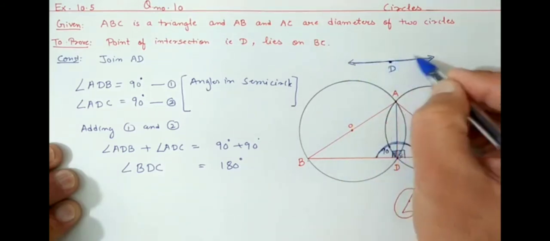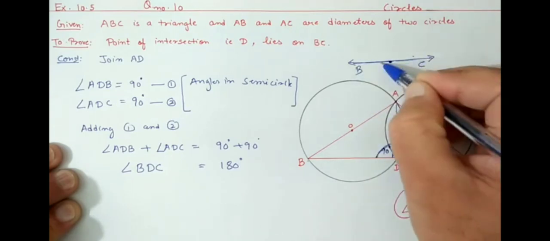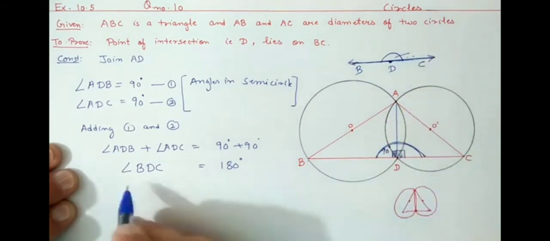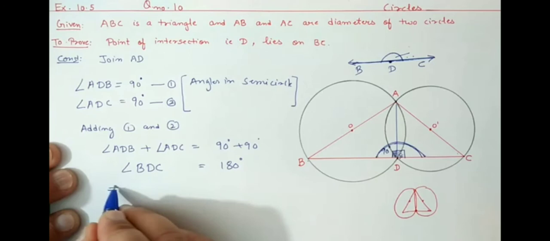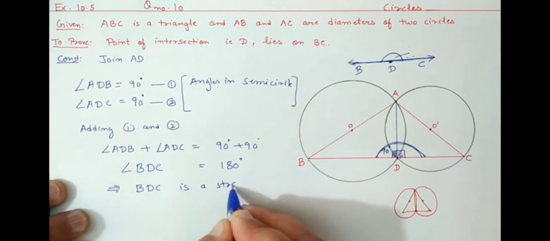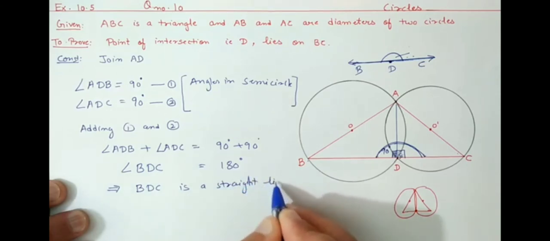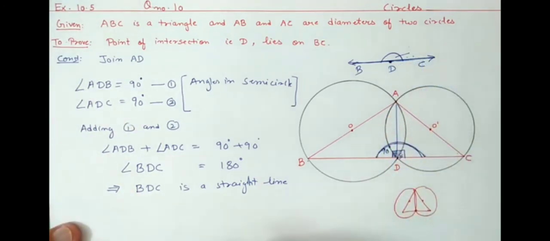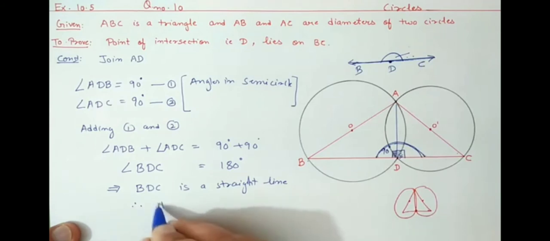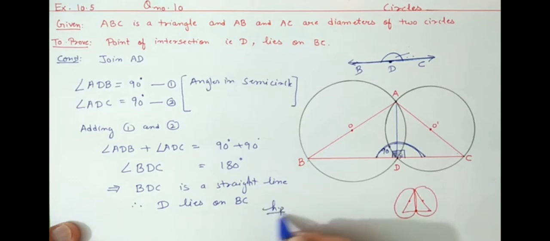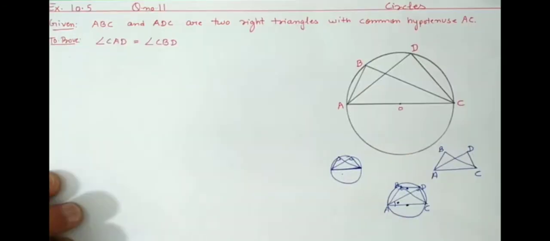The measure of a straight angle is 180, and if the measure of an angle is 180, then it is called a straight angle. That means BDC is a straight line. Now BDC is a straight line and D lies between B and C. So we can say that D lies on the third side BC. Hence proved.